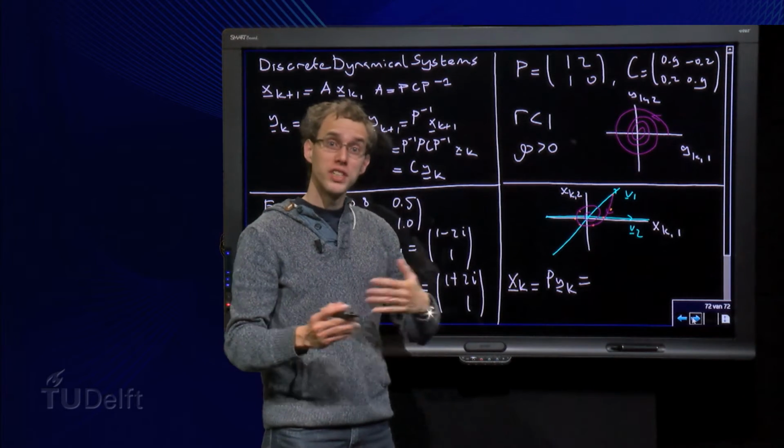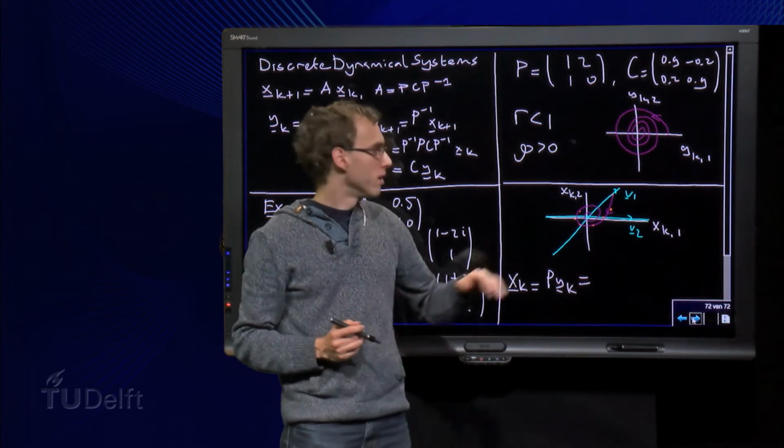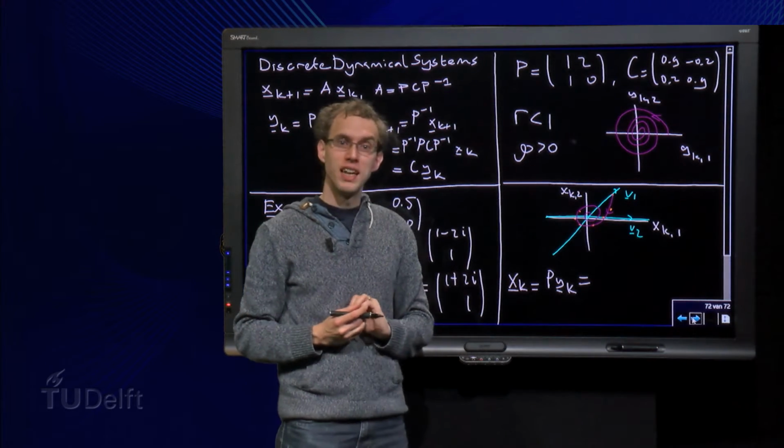So always check towards which direction you are circling. So here we have our phase space in the xk language.